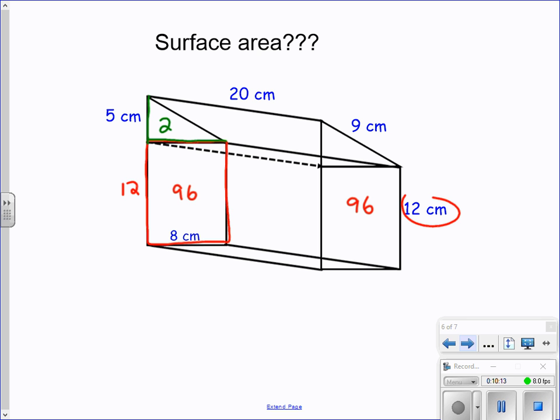Half of that is 20. All right, so this entire front panel is 96 and 20. 96 plus 20 is 116. That's the front panel. This back panel is the same size, 116.